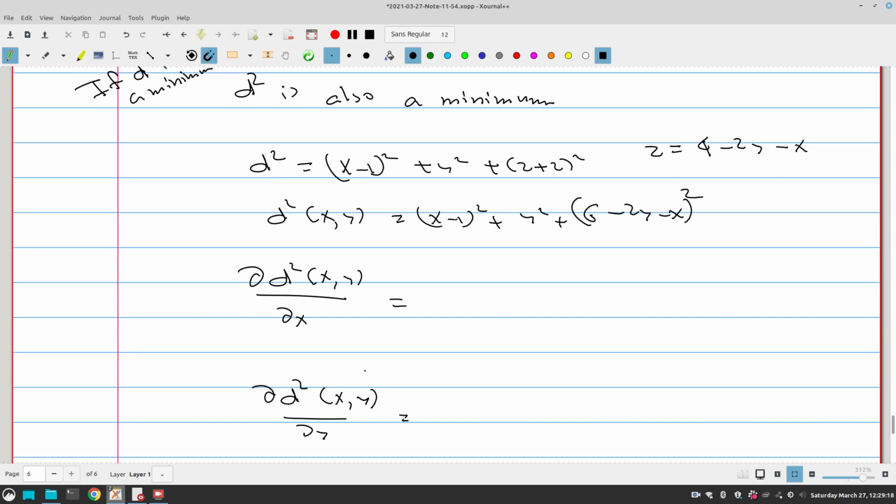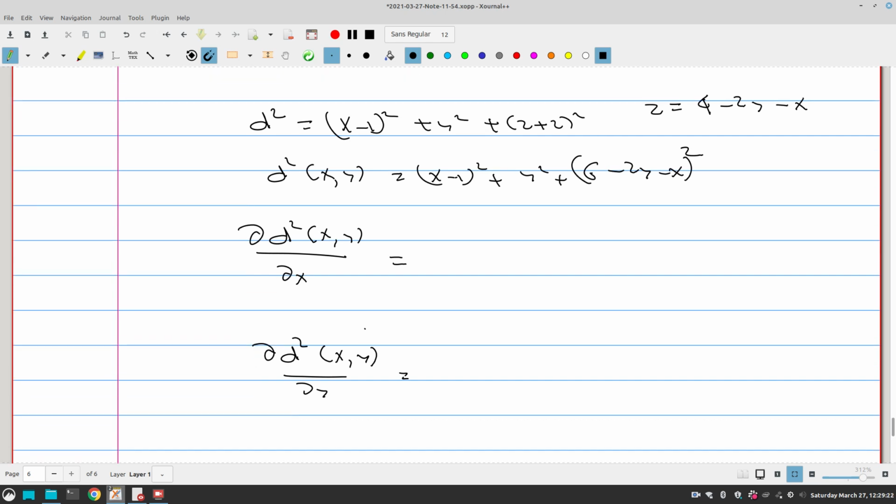So this is actually equal to 4x + 4y − 14, and this is equal to 4x + 10y − 24. Now setting these equal to 0 gives me one critical point, (11/6, ...).